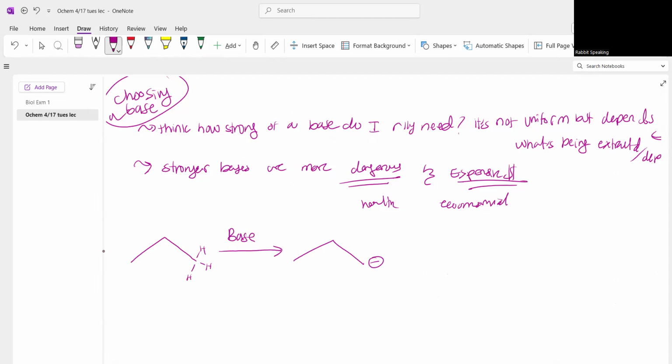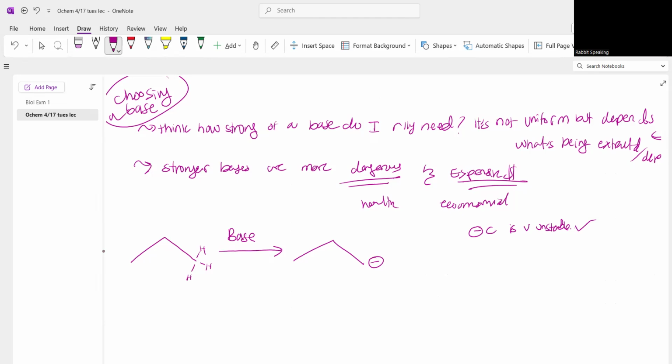When you're drawing this, your hand should literally shake, like, this is not correct. Wait, let's take a step back here, actually. Remember, having negatives on a carbon is very unstable.